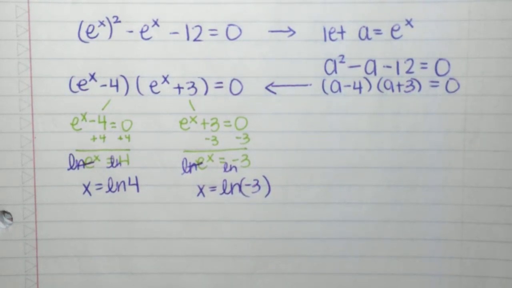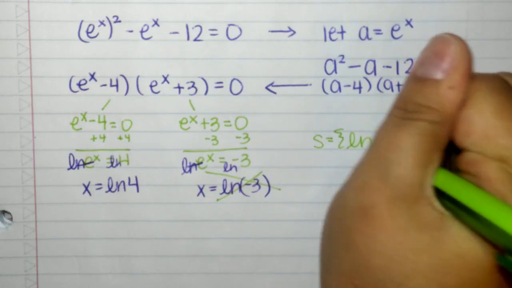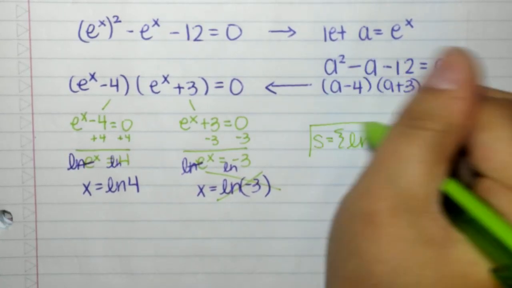What do we think about that? Say it louder. No, what'd you say, Chris? You can't be negative. Can you have a negative log? Nope. Extraneous. So what's my solution here? Just the natural log of 4.